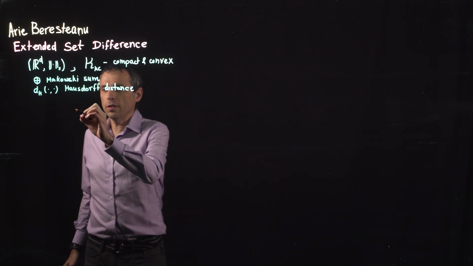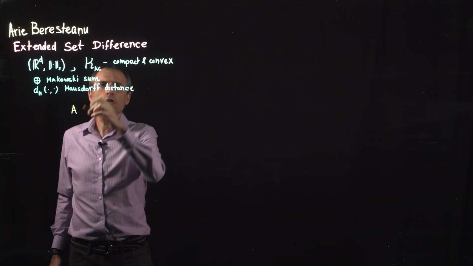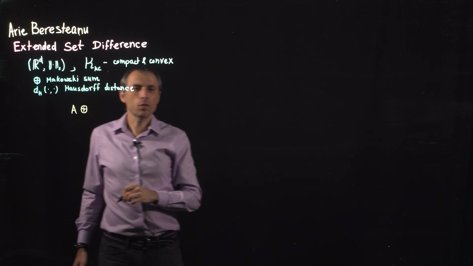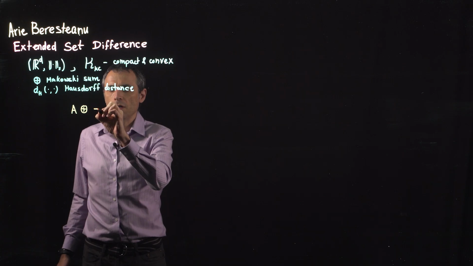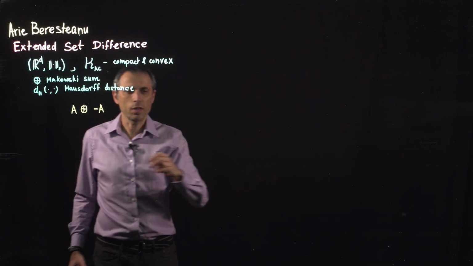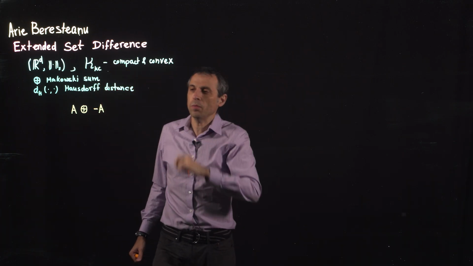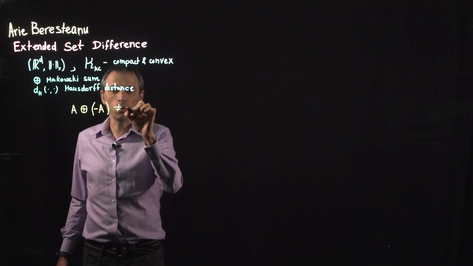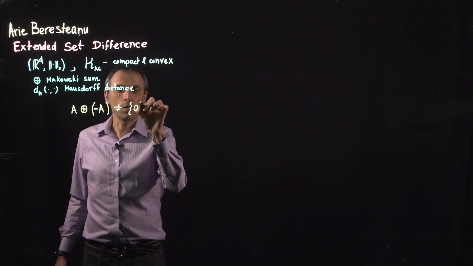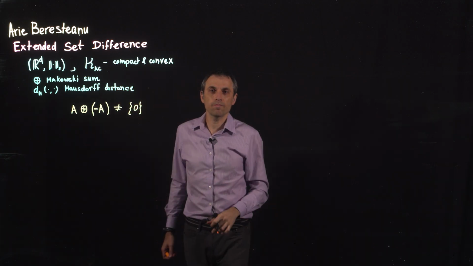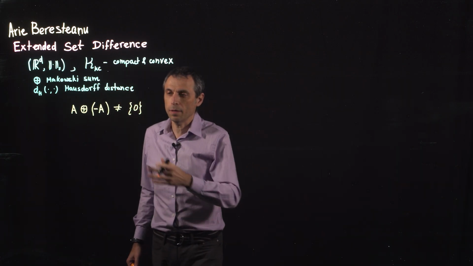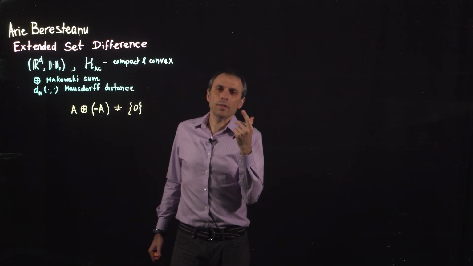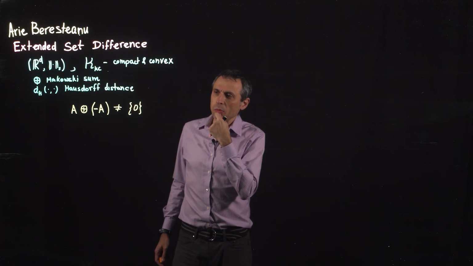Just to remind you, if we have a set A, which is compact and convex, and we perform the Minkowski sum of the set A with the negation of A, which is taking all the elements in A and multiplying them by -1, that is not equal to the set with just a zero vector. That's not a good subtraction operation.